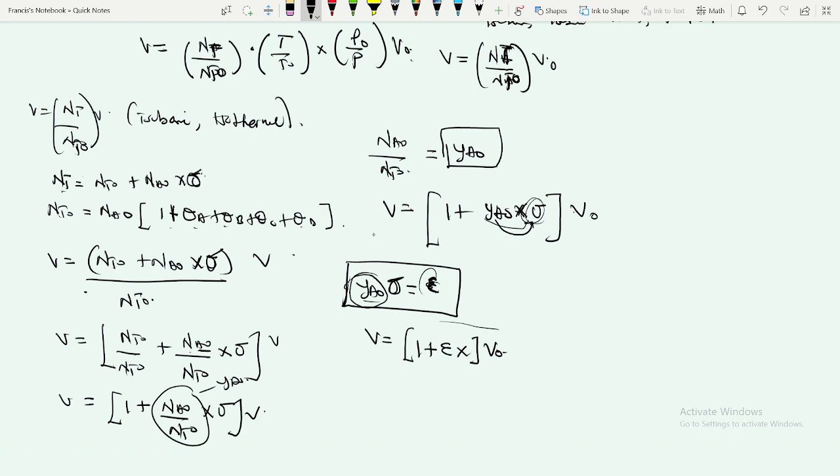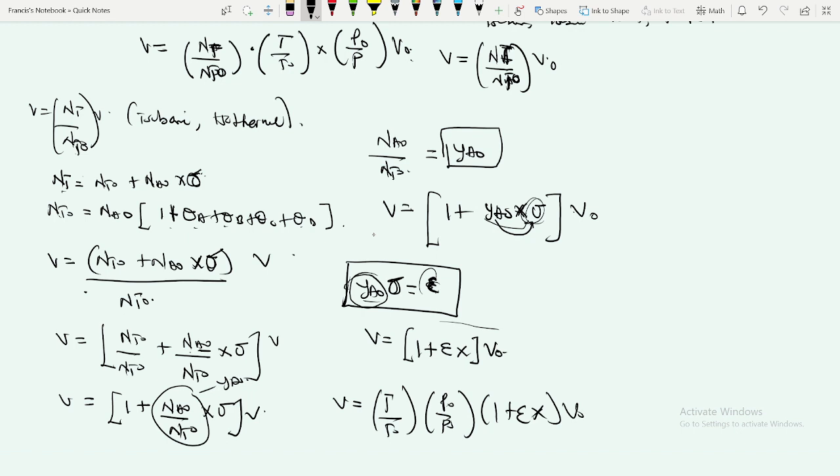We derived this based on the assumption that it is isobaric and isothermal. Now in a situation where it is not isobaric and isothermal, the general expression becomes T over T naught, multiplying P naught over P, multiplying this portion V naught.